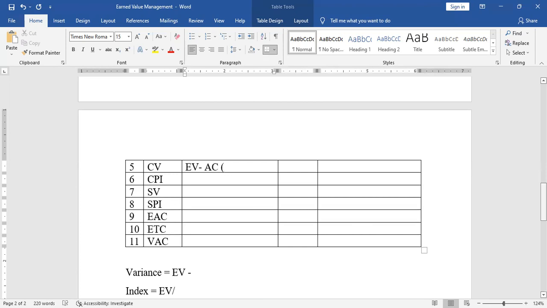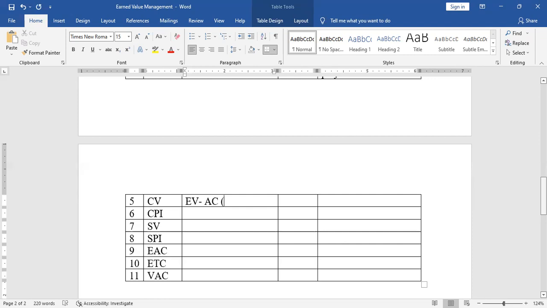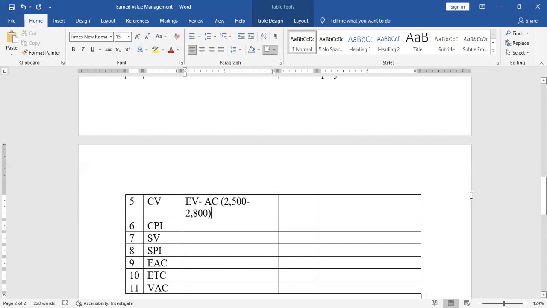Our EV is 2.5 and our AC is 2.8. So it will be EV minus AC. This will give me negative $300.